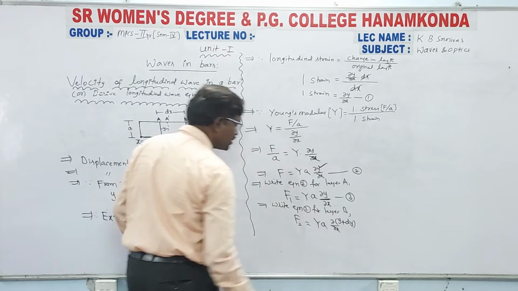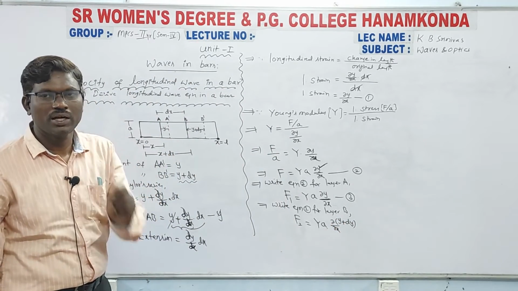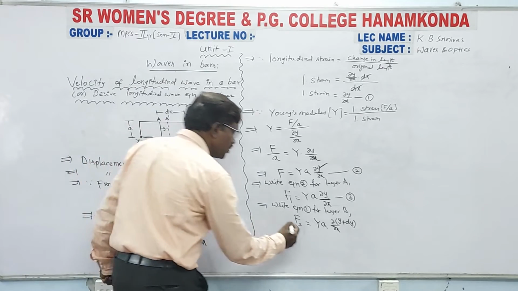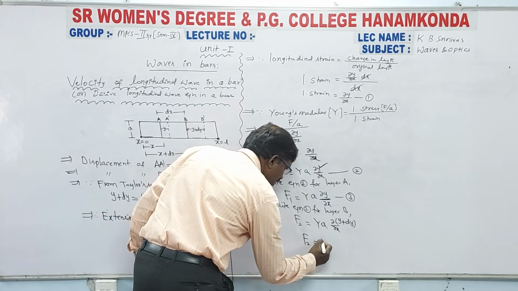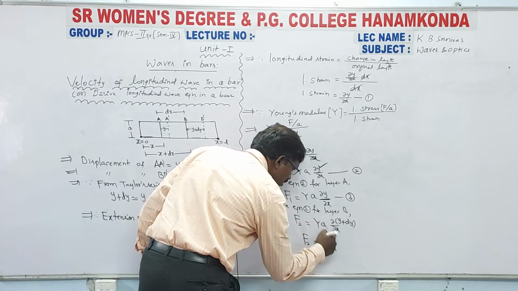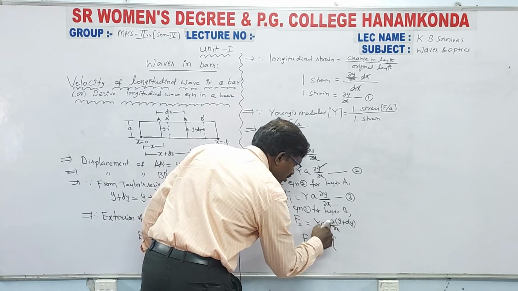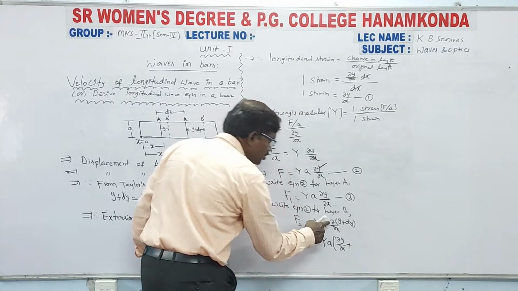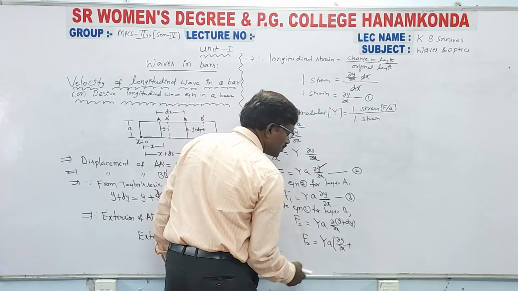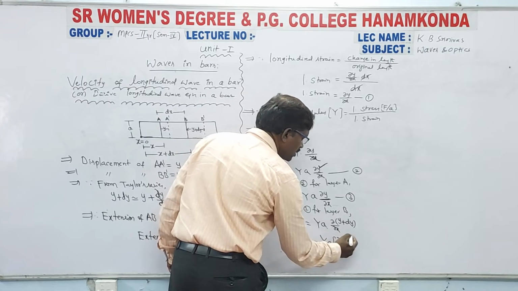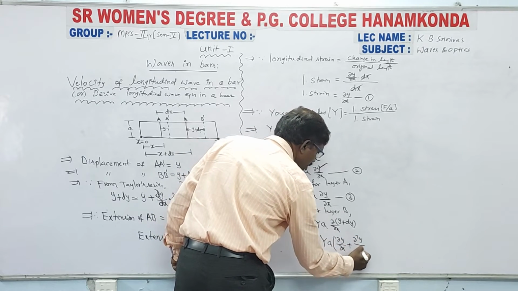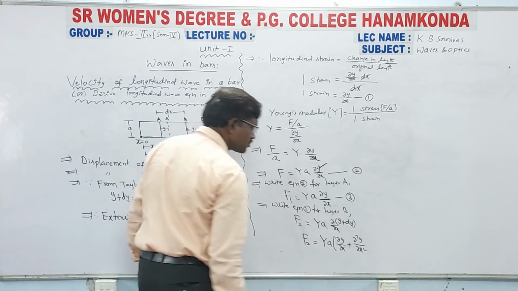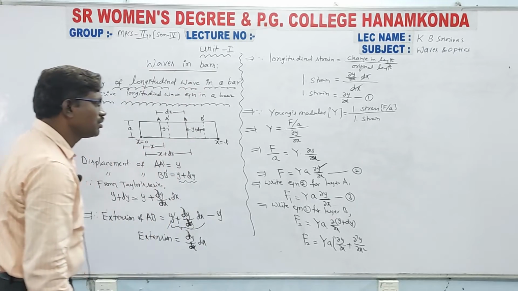This is the only change you have to remember. So, next step will be F2 is equal to YA common. Just multiply this ∂/∂x with the first term, that is ∂y/∂x, and multiply this ∂/∂x with the second term, that is ∂²y/∂x².